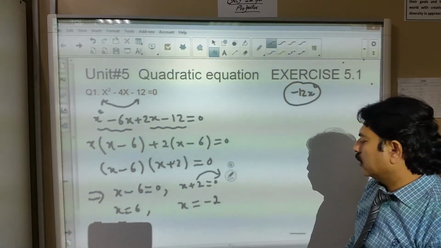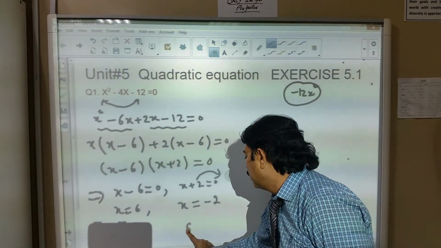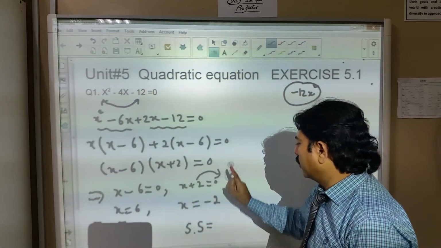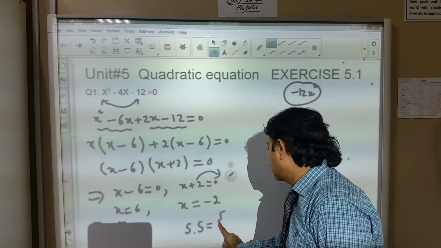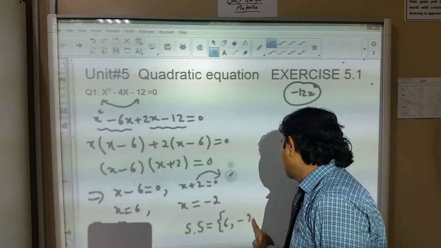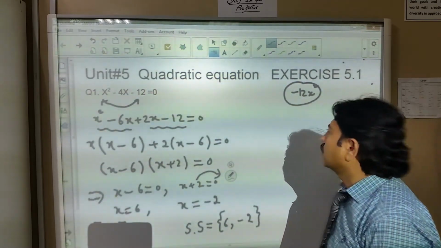So the solution set of this equation is 6 and minus 2. Now come to the next question.